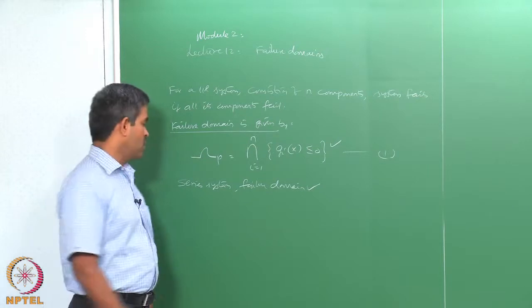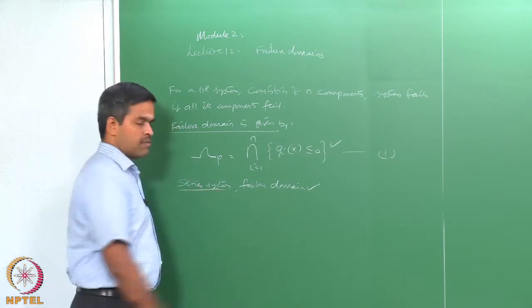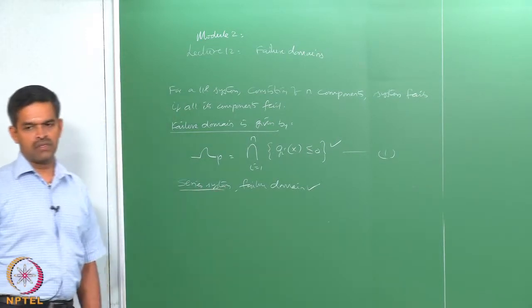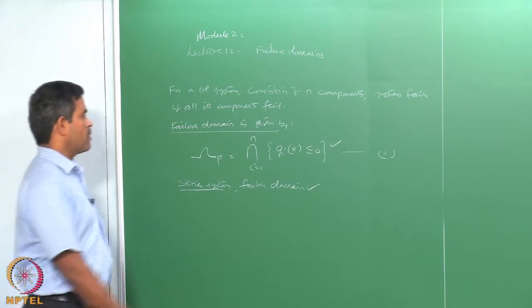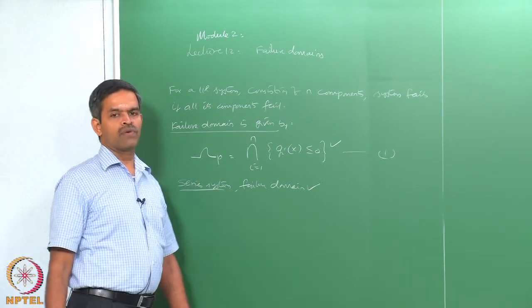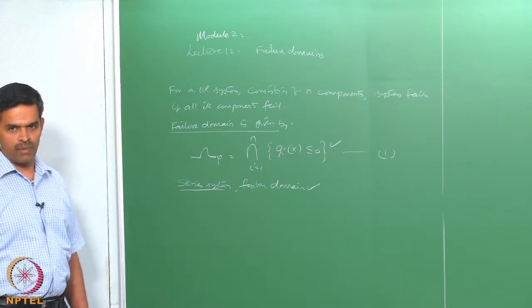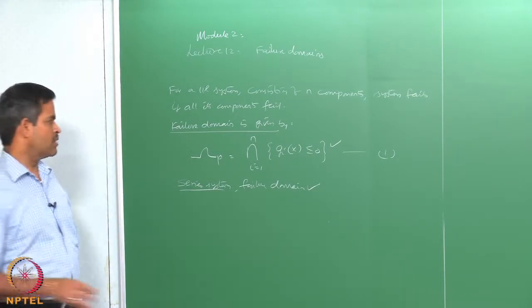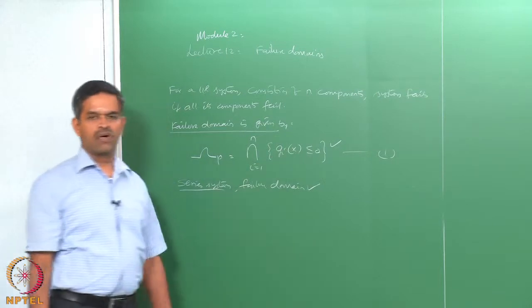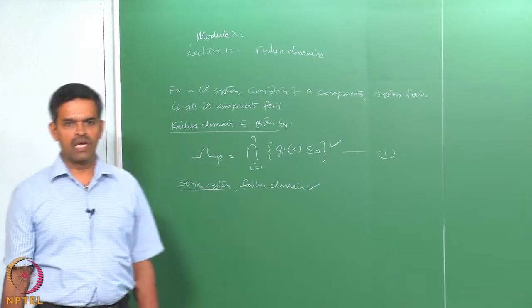Because the failure condition for a series system is that if any one fails, the system fails, whereas for a parallel system, if all of them fail, the system fails. Therefore, accordingly we have formulated the failure domain and given the governing equation for Gf(x), as we understood in the last lecture.